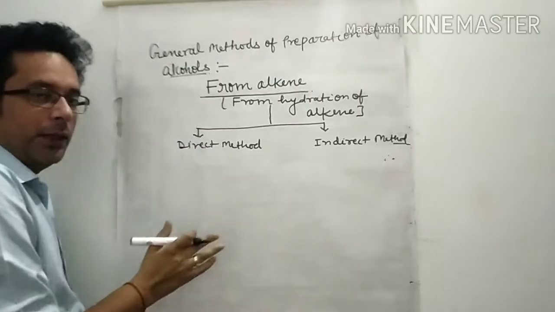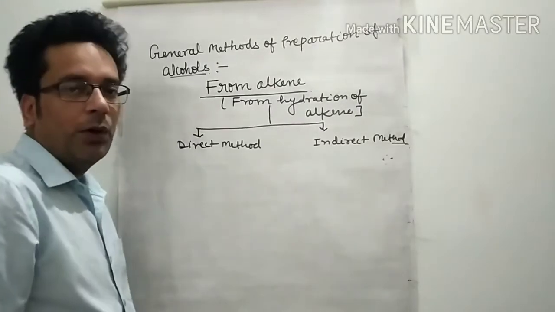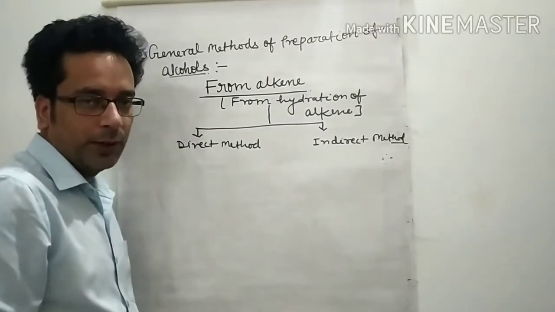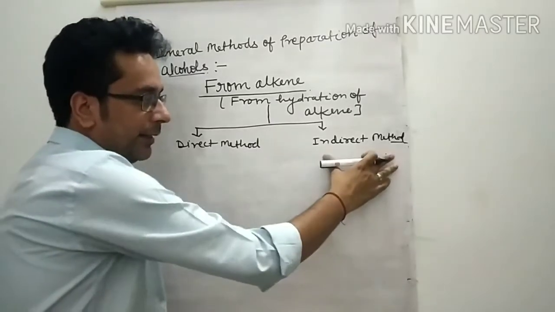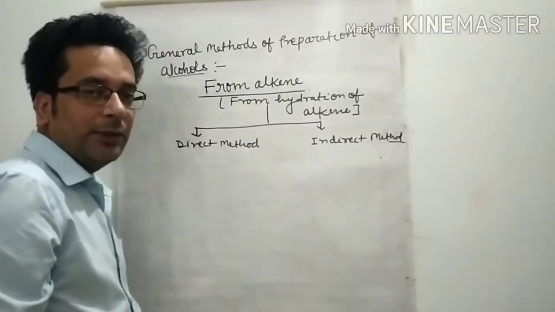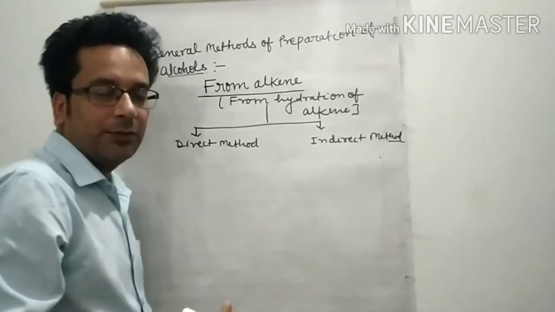Direct method means alkene directly reacts with water and forms alcohol. In the indirect method, first alkene reacts with another substance, then reacts with water.